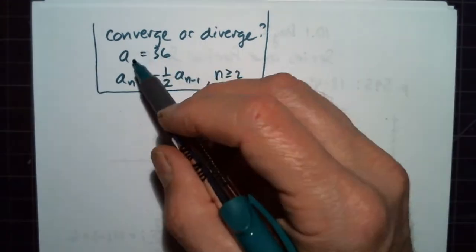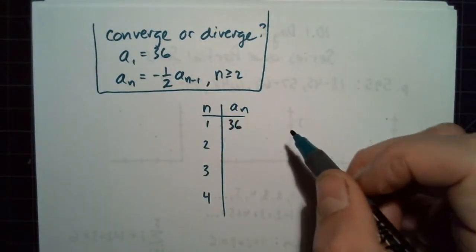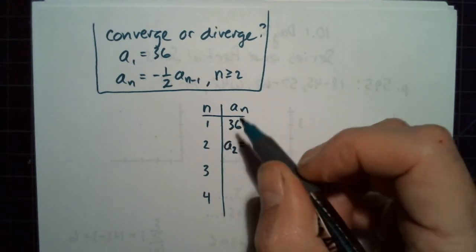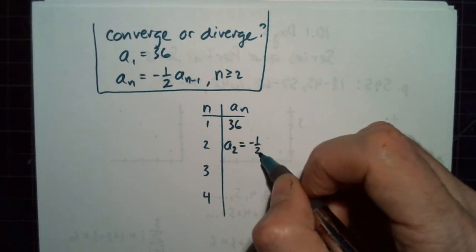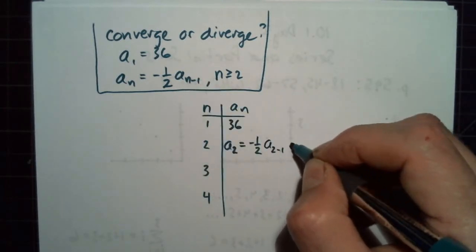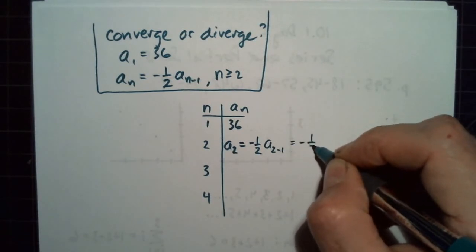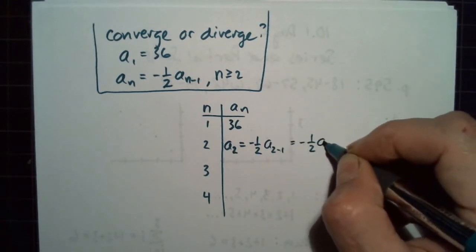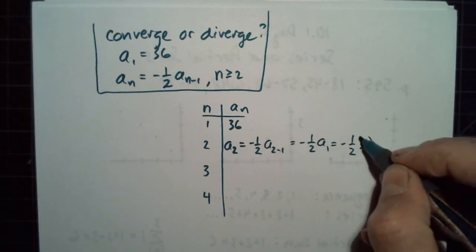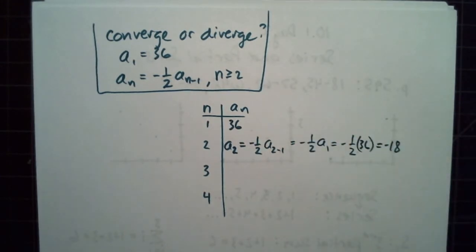And we know that a1 is 36 and a_n equals negative 1/2 times a_(n-1). This is a1, negative 1/2 times 36, negative 18.